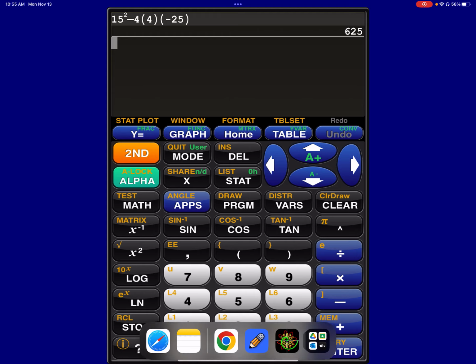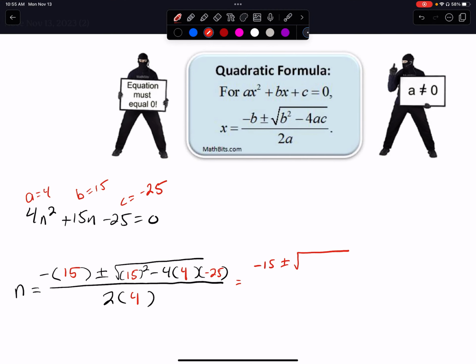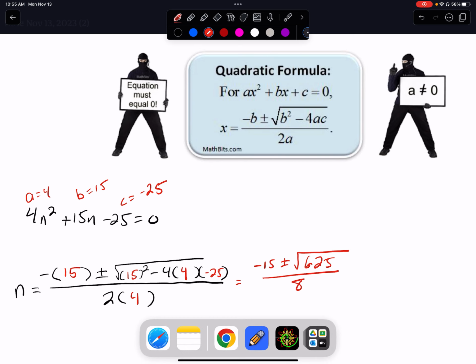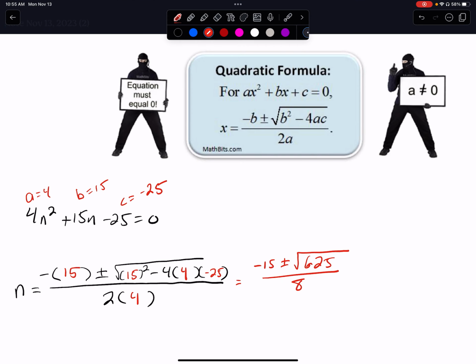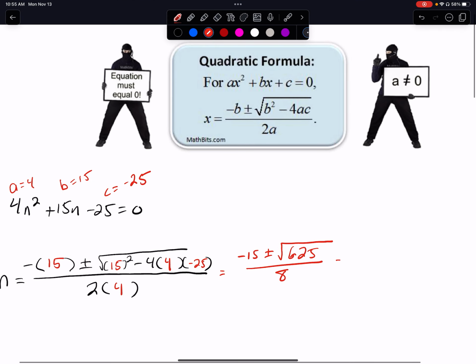So if I go back in here, I'm going to write the square root of 625, all divided by 2 times 4, which is 8. Now, if this works, great. Let's check it out. What is the square root of 625, which some of you know already is 25? So this is going to break down to negative 15 plus or minus 25, divided by 8.